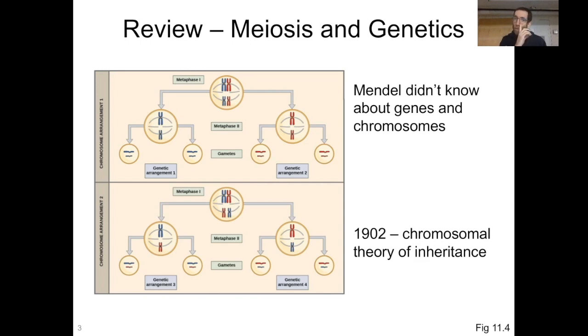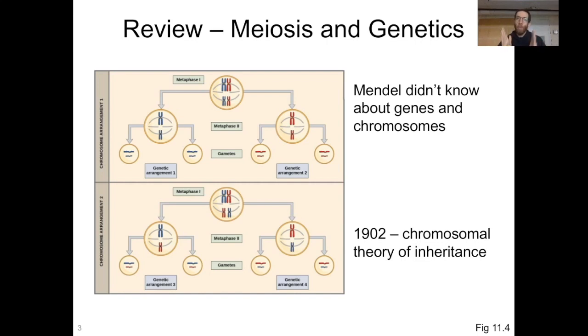So to review a little bit, we've previously talked about meiosis and we've also talked about genetics. So we have this process, right, where you have meiosis, the allocation of chromosomes from a diploid parent cell into the haploid gametes. And we talked about Mendel and how he talked about how heritable factors were passed on from parents to offspring.